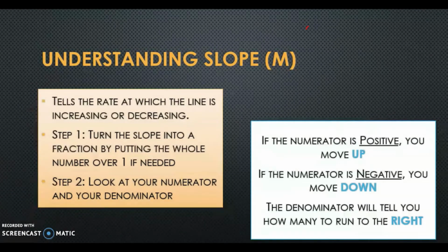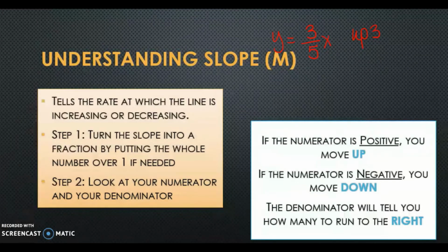So for example, if we had 3/5 and they told us that was our slope, we know the top number is positive, so we would move up 3, and the denominator tells us to always run to the right.